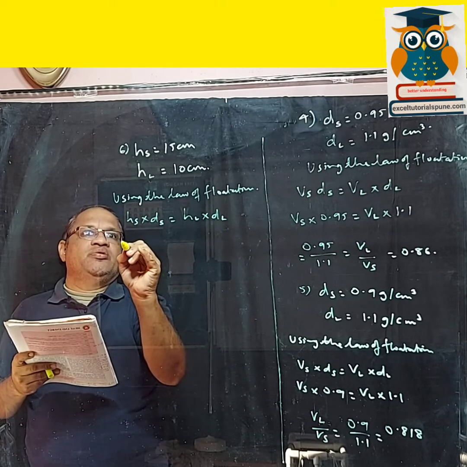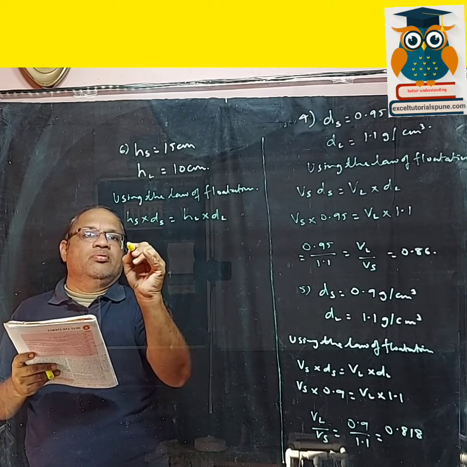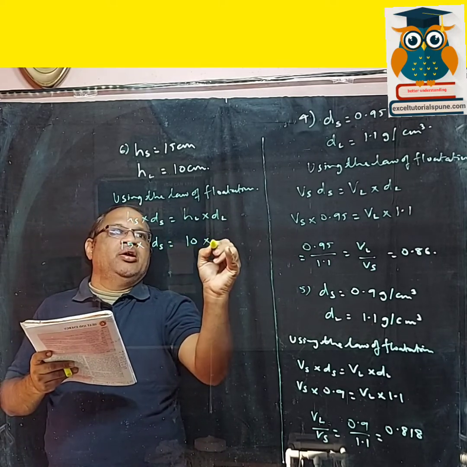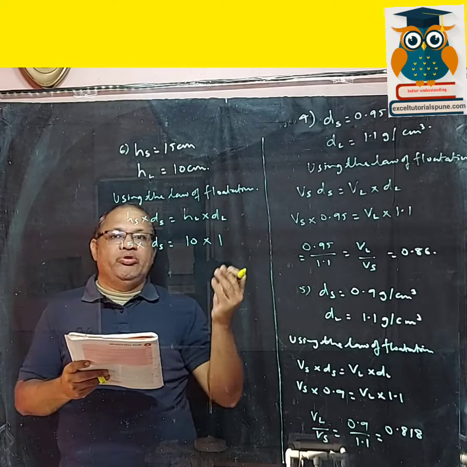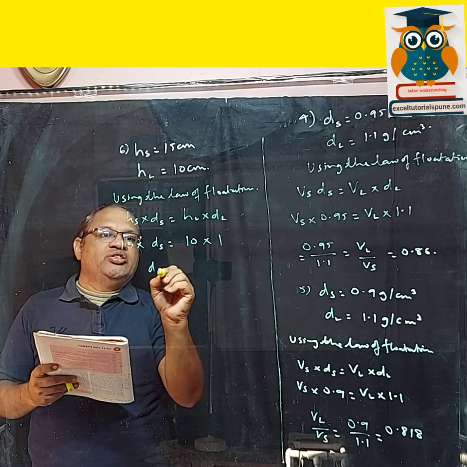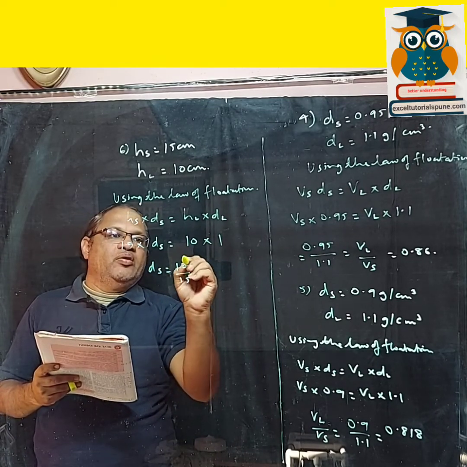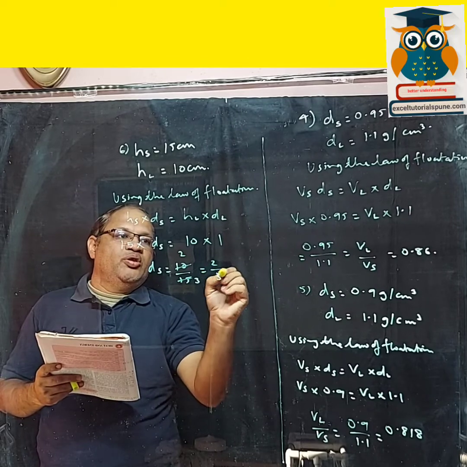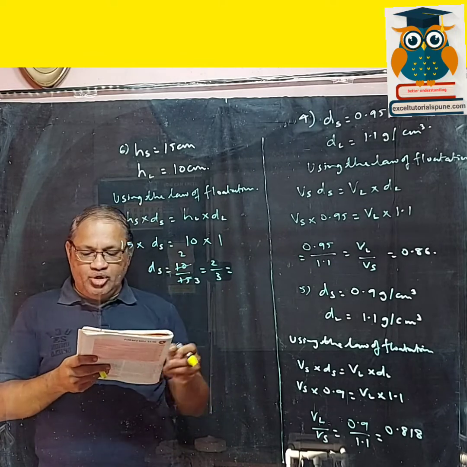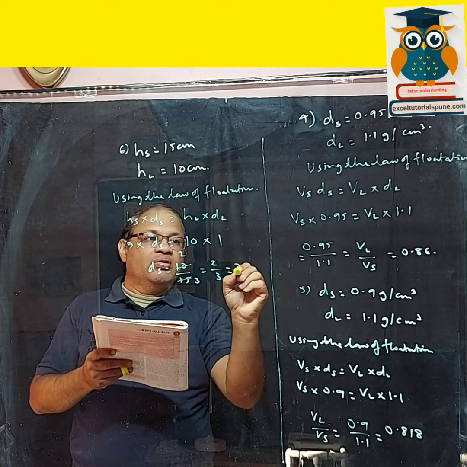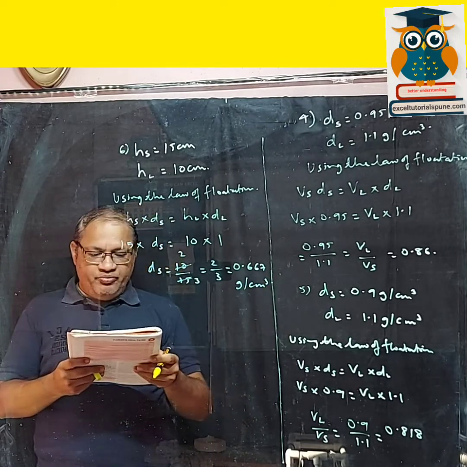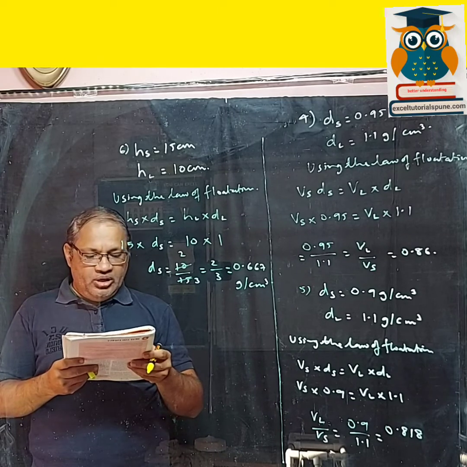So height of solid is 15, density of solid we have to find out, height of liquid is 10, and density of liquid we can take it, liquid is water, so we can take it as 1 because it is in CGS system. So density of solid will be 10 upon 15, 2 upon 3. That is coming to 0.667 gram per centimeter cube.